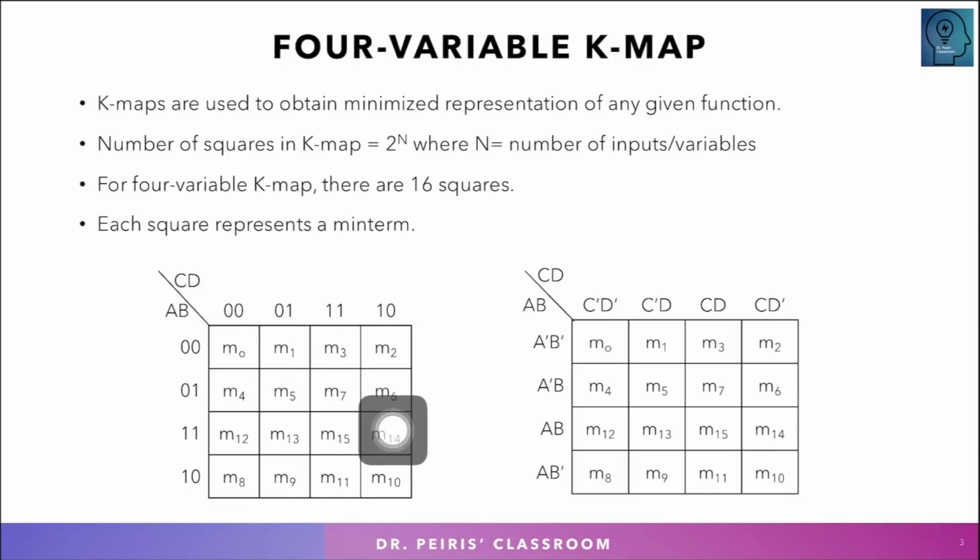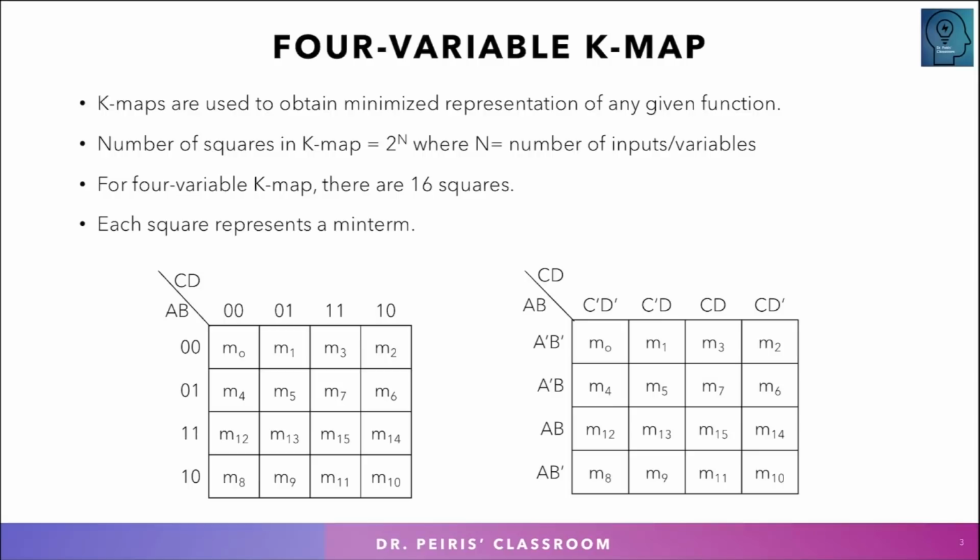And this shows how the minterms are placed. It follows the binary values in a truth table. For example, if it is 0 0 0 0, it corresponds to M0. And this is M15, which is the last one. It's 1 1 1 1, which is correct.